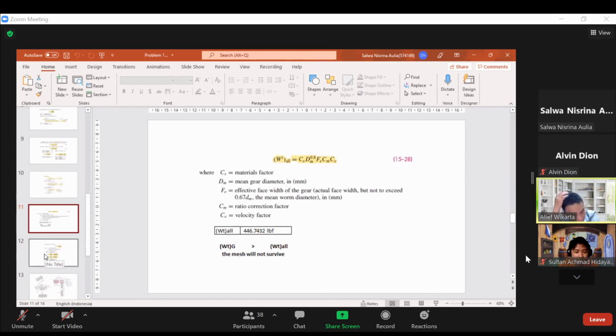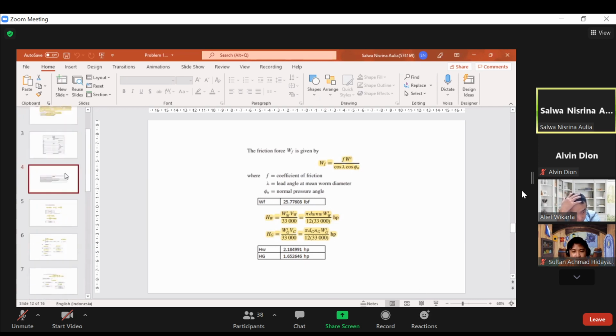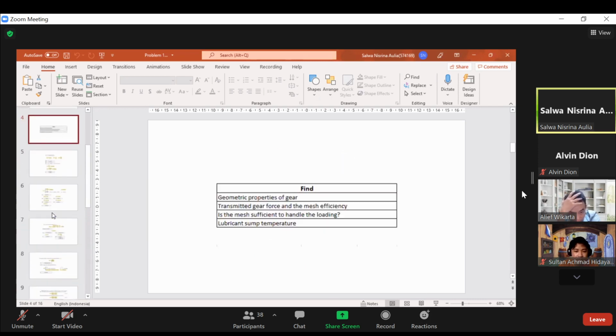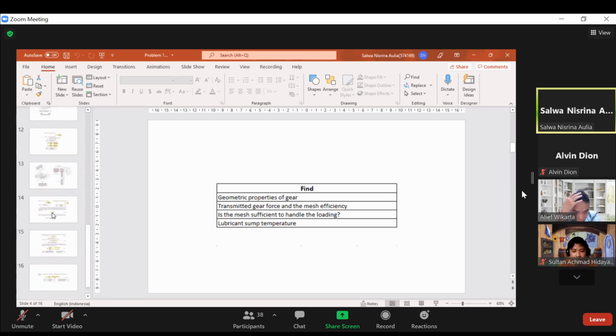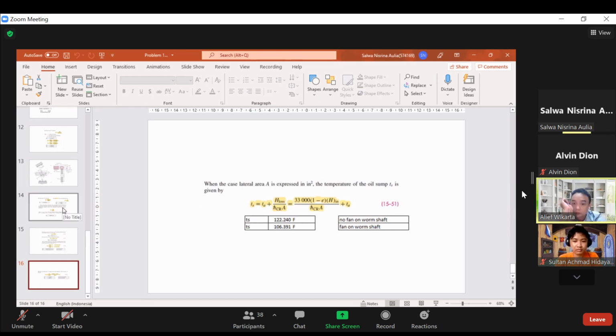Okay, so let's go to the next question. The next question is we need to determine the lubricant sump temperature. With this equation, we need to find the heat loss, and then the overall coefficient for combined convective and radiative heat transfer in here, and the ambient temperature we can know from the problem. So we need to find the heat loss.